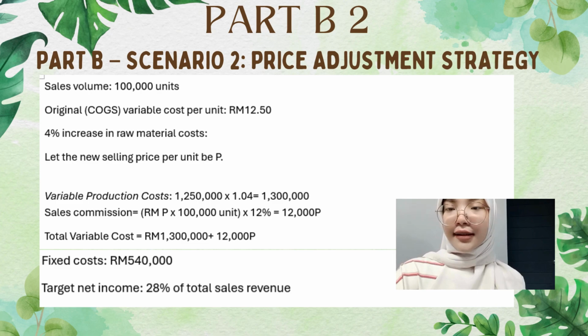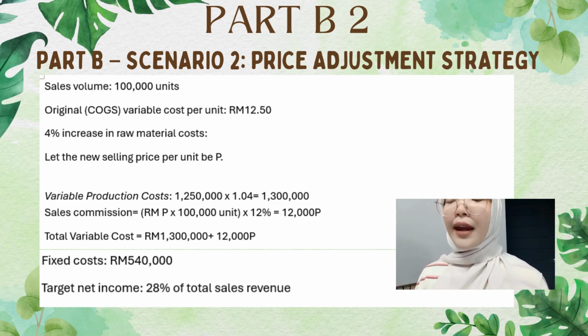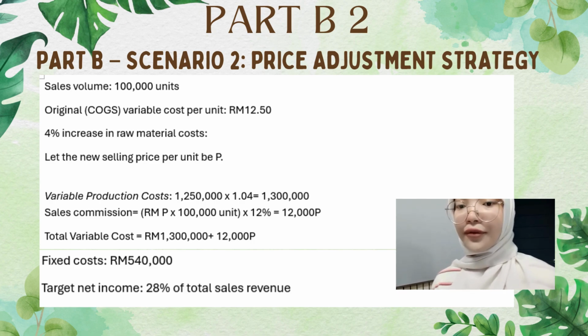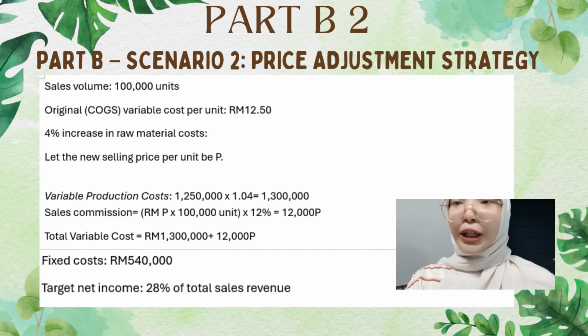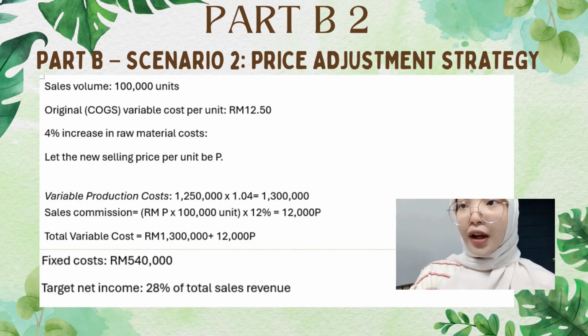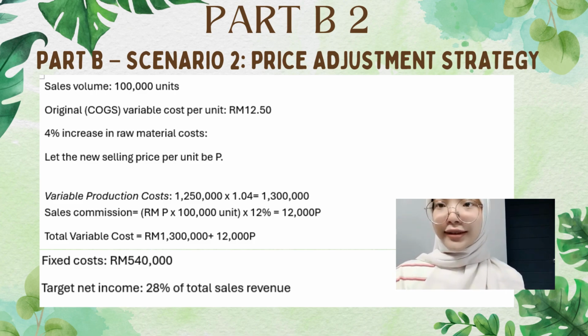Production cost is RM 13, and the fixed cost. Also, there is the cost and revenue equation: total revenue minus total variable cost minus fixed cost equals target net income. So the final answer is RM 30.67 per unit.